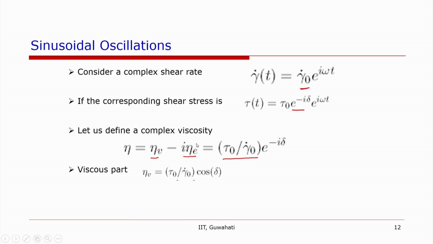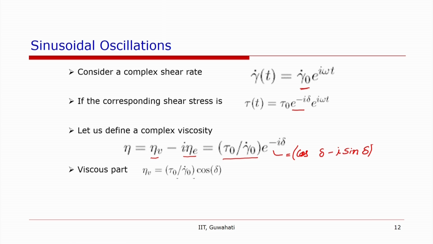What we know is e to the power i theta is cos theta plus i sin theta. So, e to the power minus i delta is cos delta minus i sin delta.